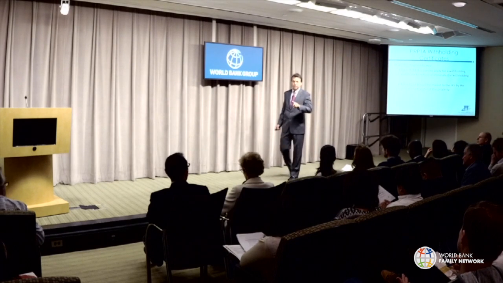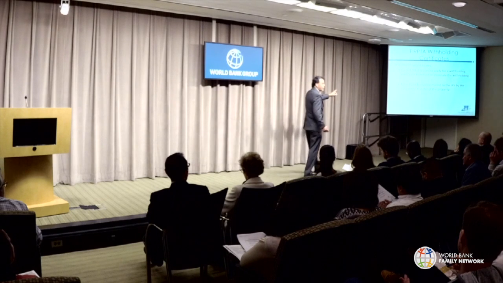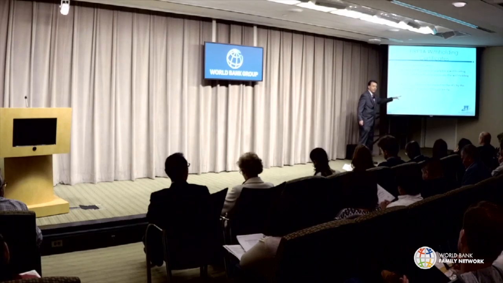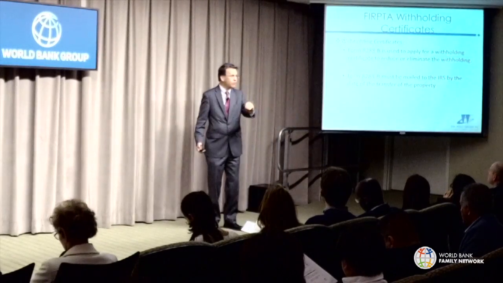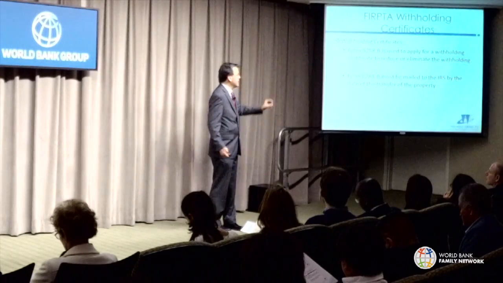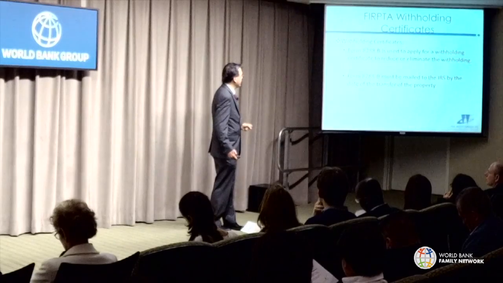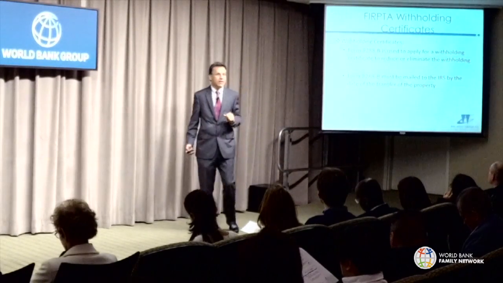Besides filing a tax return to get your withholding tax back, you can file this form called an 8288-B. Now it's a little bit more complex and it requires much more paperwork, but you can get your withholding tax back faster, especially if you sell the property at the beginning portion of the year, like February, like right now. You can try to get your money back faster by filing this 8288-B.